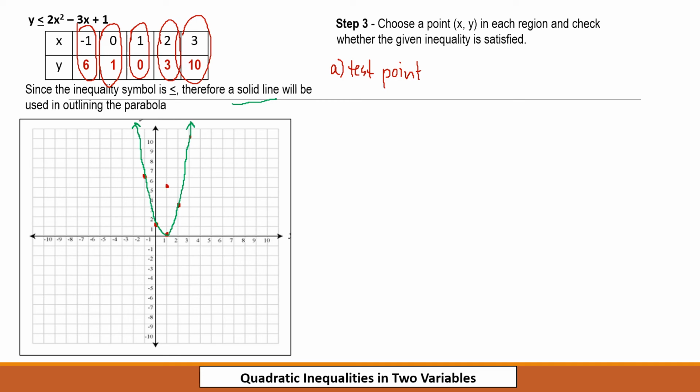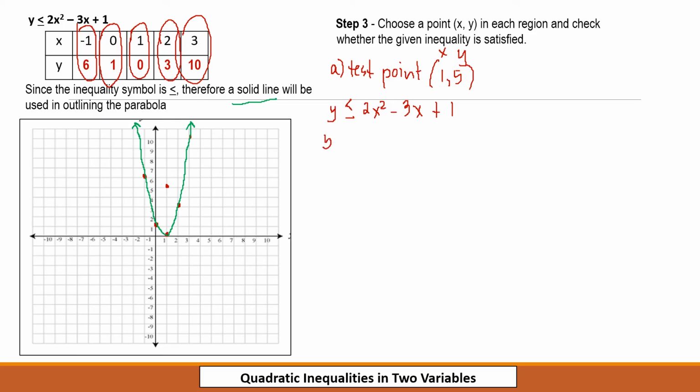So 1, 5 is located inside the parabola. Using the inequality, y is less than or equal to 2x squared minus 3x plus 1, we will substitute 1 for x and then 5 for y.